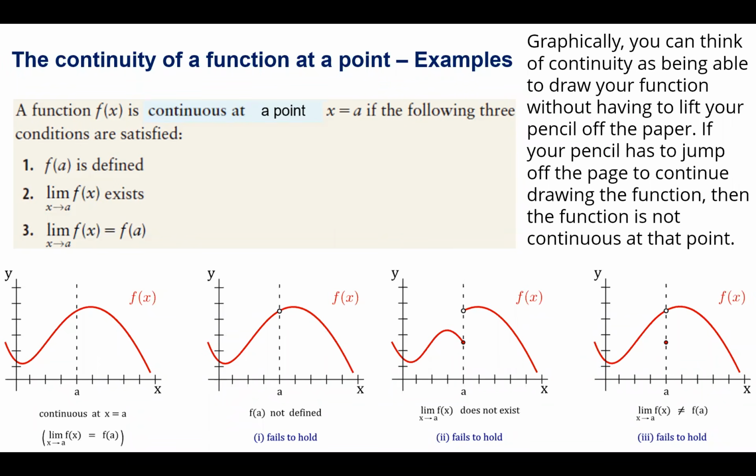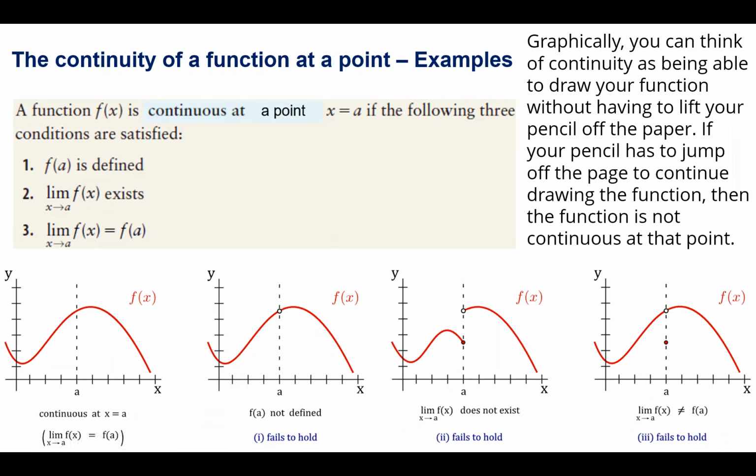Then let's have a look at the third graph here. First of all, is f(x) defined at x equals a? The answer is yes. f(a) is defined. Okay, then let's consider the second condition. Does the limit of f(x) exist?